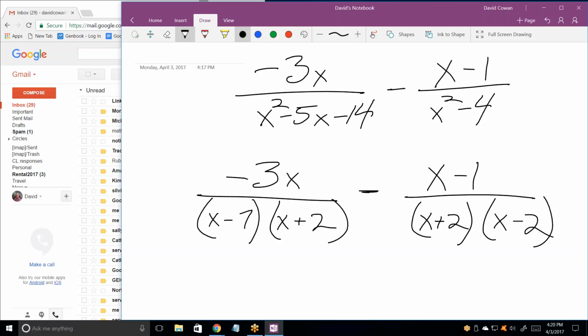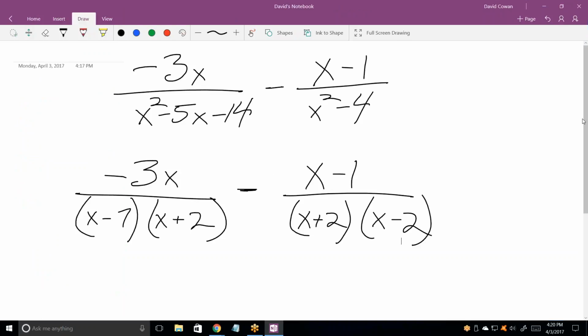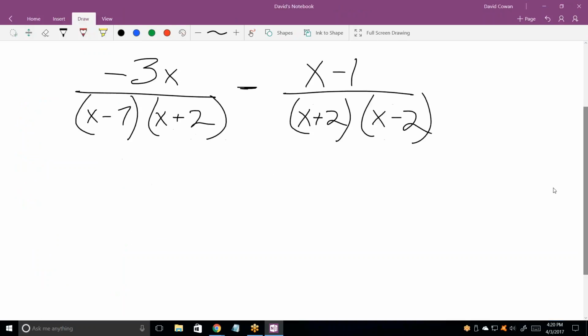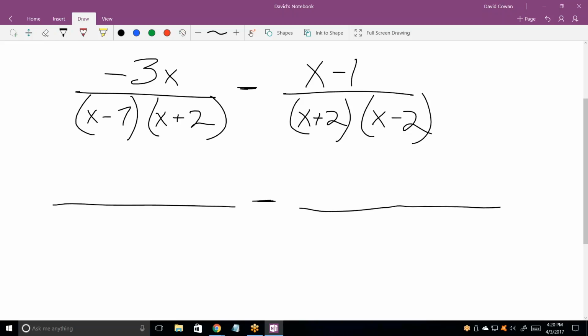It wouldn't necessarily have to be like that, but it's always going to be like that when you get a problem like this. So now, and I really can't stress how important I think this step is, doing it exactly this way.